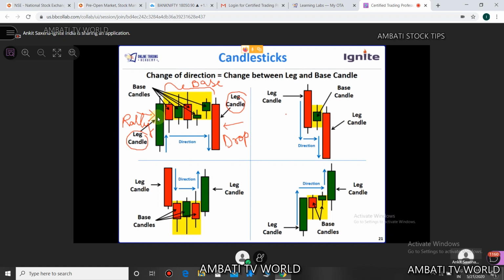Now, similarly, see this. This is a leg candle here. Now, this is a small bodied base candle, and again, this is a leg candle here. So what is happening here? Prices are dropping. Then it's a base, and then it's a drop here. So it's a drop, base, and then a drop here. See this.